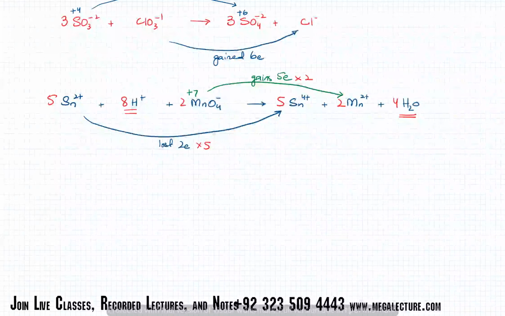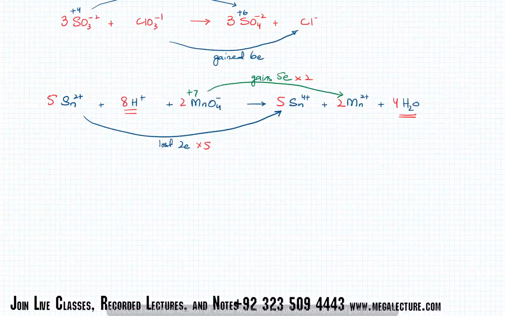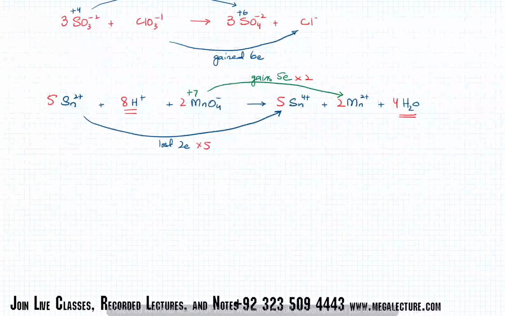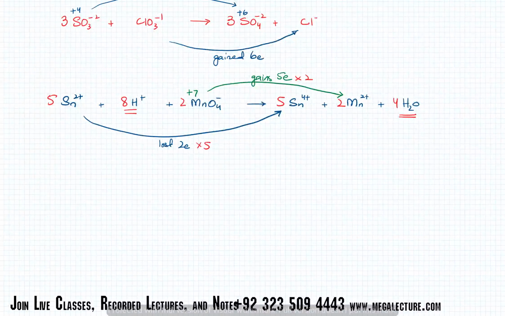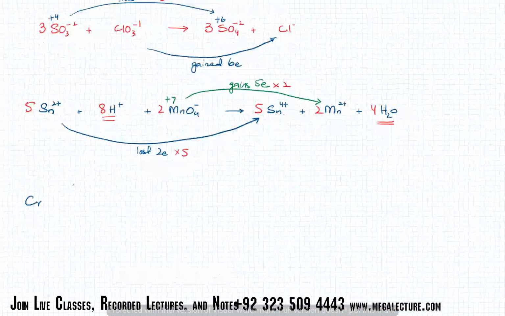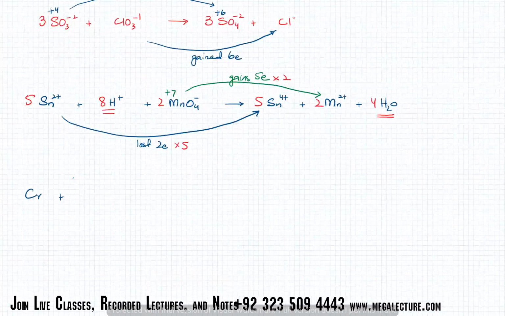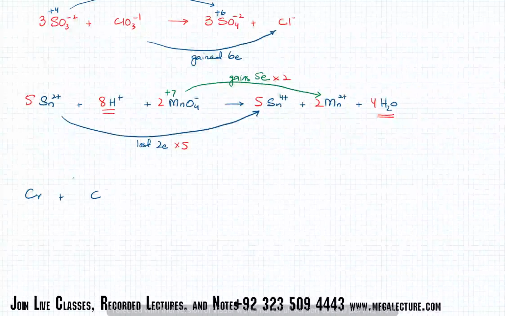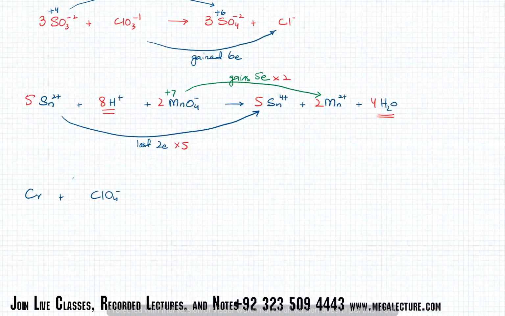Yeah, that's clear. So let's try and do these questions. One second. So I've got Cr, ClO4 minus and OH ions.